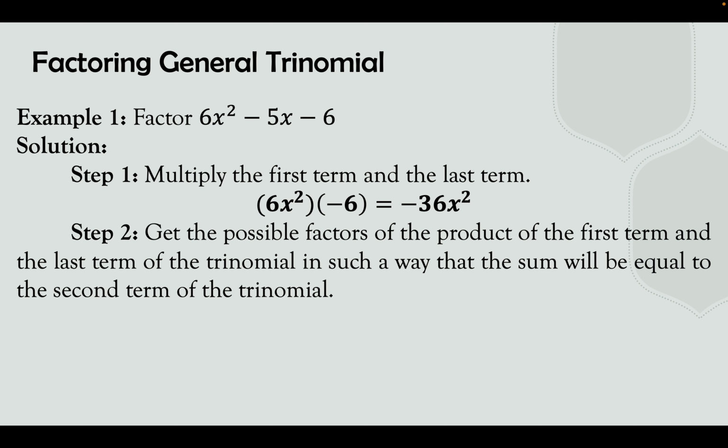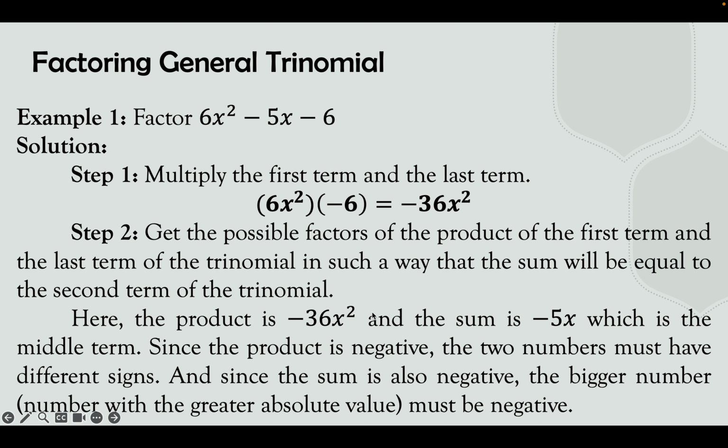Here, the product is negative 36x squared and the sum is negative 5x, which is the middle term. Since the product is negative, the two numbers must have different signs. And since the sum is also negative, that means the number with the greater absolute value must be negative.